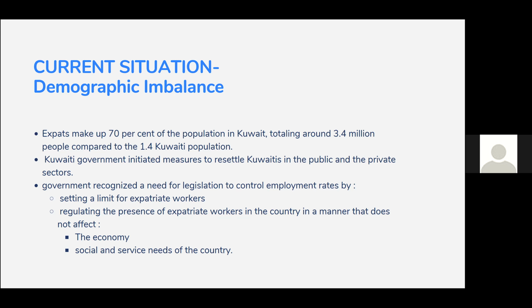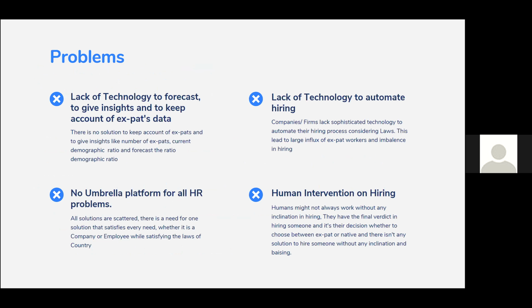The problems with the current hiring methodologies in Kuwait are as follows. One is a lack of technology to forecast or give insights into the number of expats working in Kuwait. Currently there is no solution to know exactly how many expats are working in which sectors, how they're distributed, or what the demographic ratio is compared to Kuwaitis in an individual company.